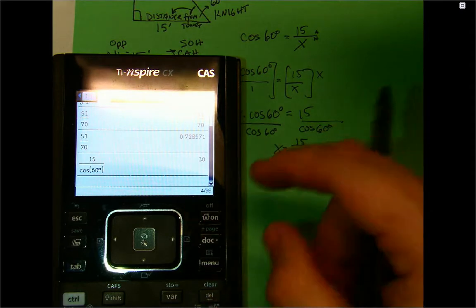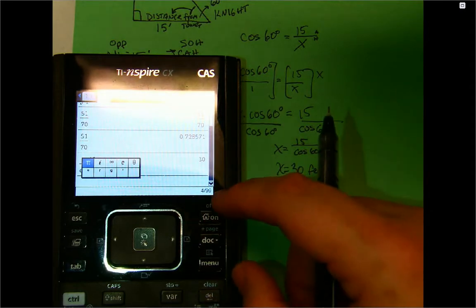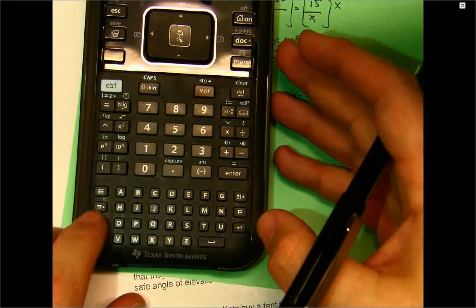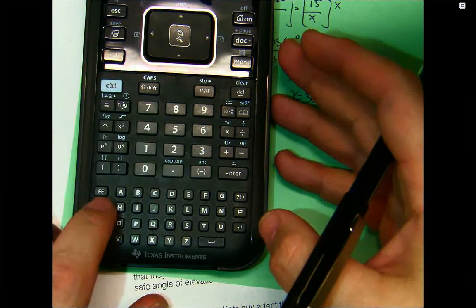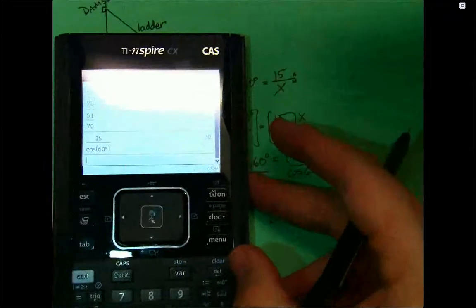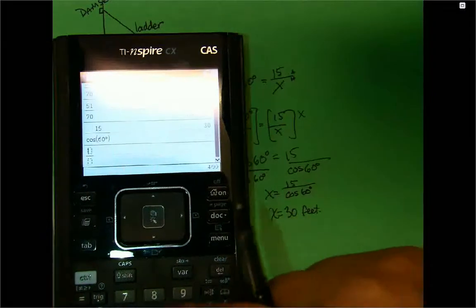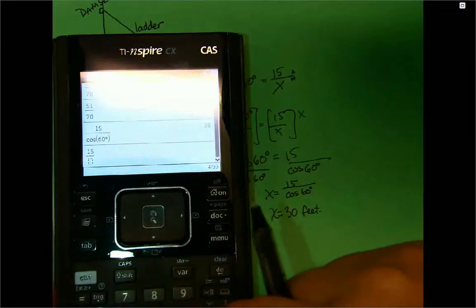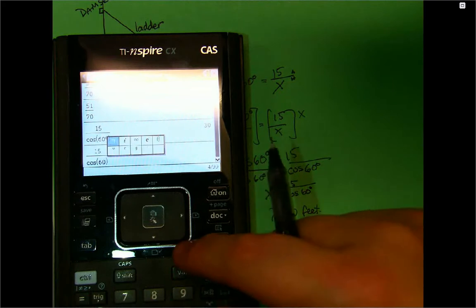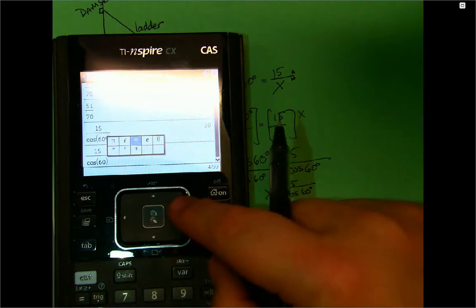Another way that you can get to degrees, which might be a little bit easier, is this button down here, the pi button. If you hit pi, and you set this up as 15 over the cosine of 60, you hit pi, and you have a lot of those same symbols, the degree symbols right here.